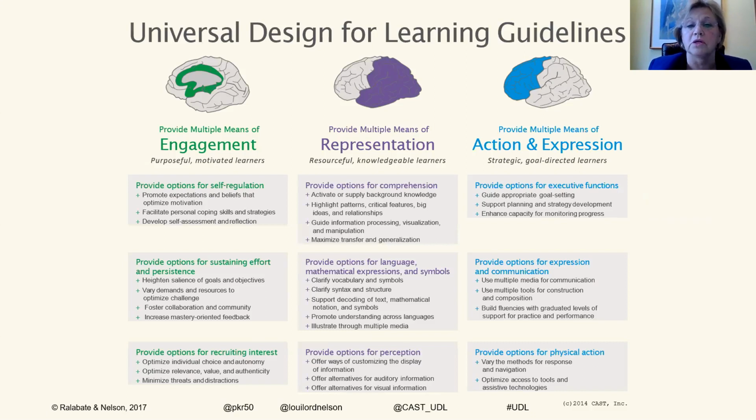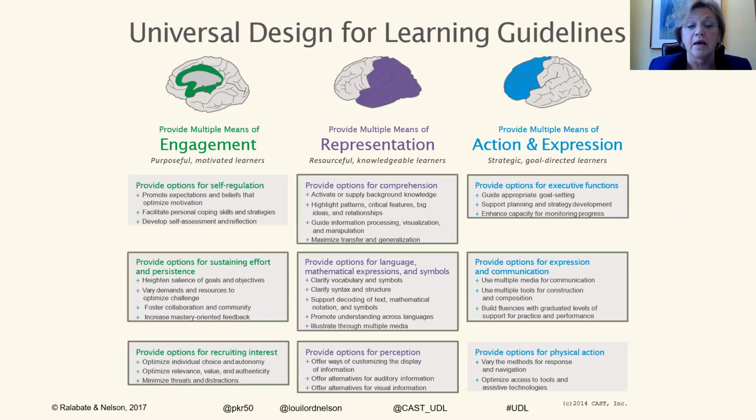How do we use the Universal Design for Learning guidelines and the 3 principles of UDL to address the learning needs of English learners? Well, we're going to look at this next slide. What we've done here on this slide is to highlight for you the specific guidelines that we think, if you're thinking about where do I start, are good ones to pick from.